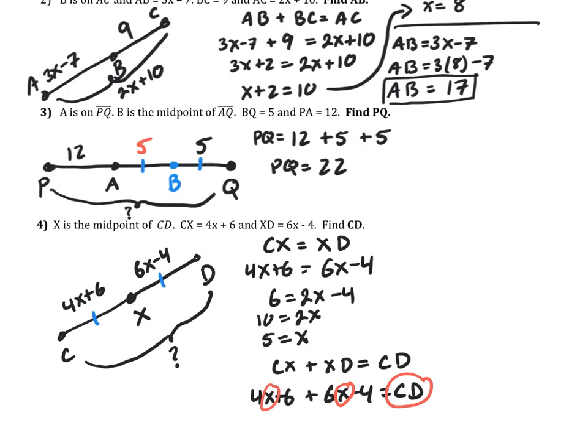Well, now I can substitute that in here. 4 times 5 plus 6 plus 6 times 5 minus 4 equals CD.